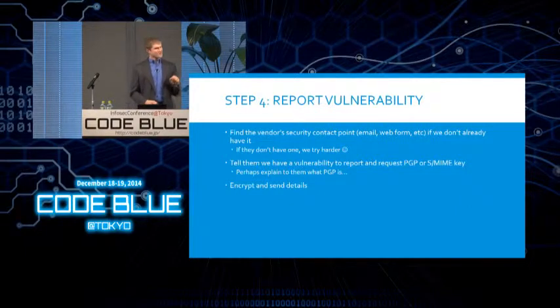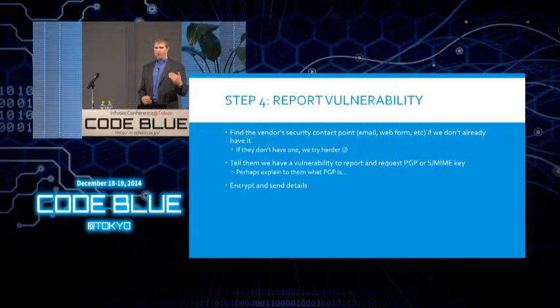This is actually the hardest step, reporting the vulnerability to the vendor, because many vendors do not publish contact information, and when they do publish contact information, it's often not specific to security. So we spend a lot of time trying to find the right person to talk to.